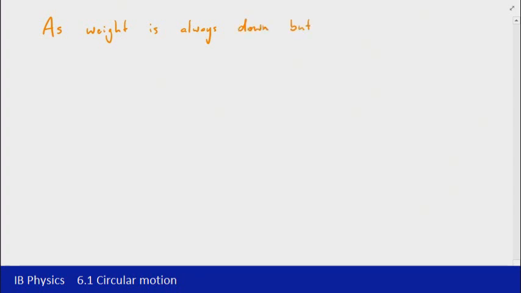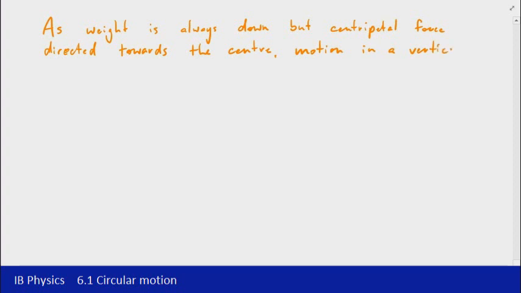So with weight always being directed down but centripetal force being towards the center, it means that whatever it is that's really providing, so in this case lift, whatever's providing or contributing to the centripetal force is going to change over the motion of the vertical circle. So as a result, motion in a vertical circle is very rarely going to be at a constant velocity.